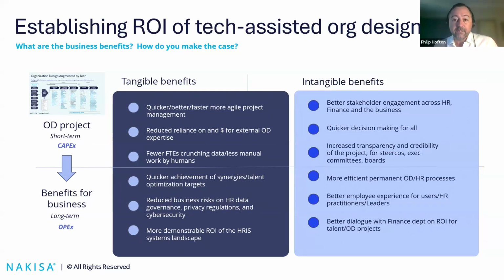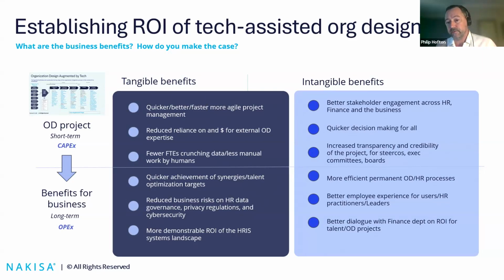Better stakeholder engagement. It's much easier to convince an organization of the changes you're making if you have data to back it up. It's a much better collaboration with finance if you're able to bring numbers to the table. Quicker decision making, things happen faster, better.